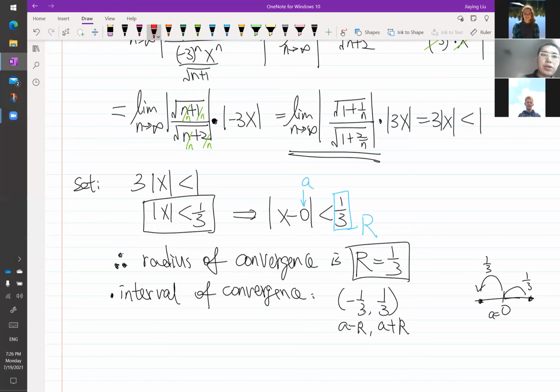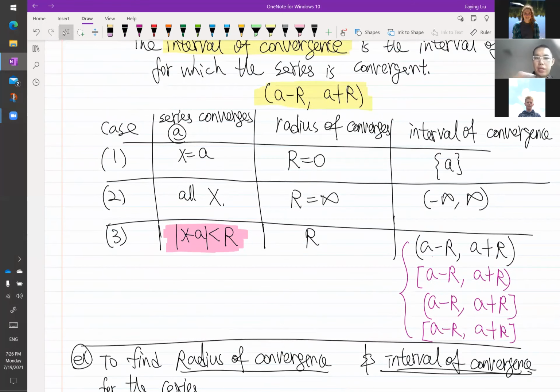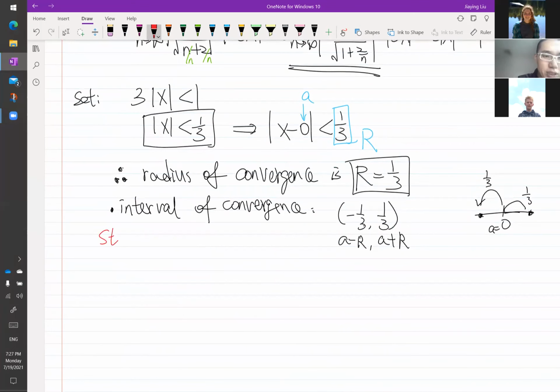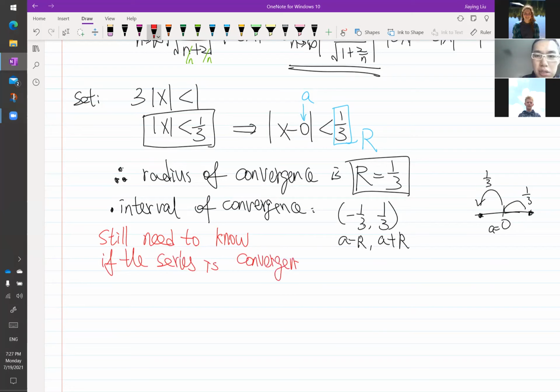But be very careful. If you recall the table I wrote for the last case, even if we write down the interval a minus r to a plus r, we don't know if the ends are included in the convergence part. So we still have to do a few tests. We still need to know if the series is convergent at negative 1/3 or positive 1/3.